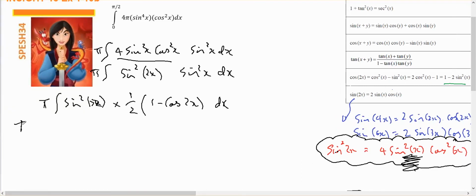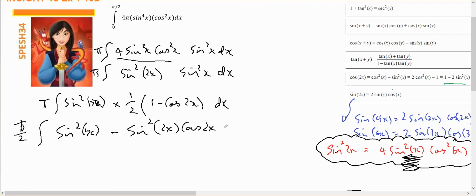So I've got pi on 2 integral of sine squared 2x times 1 is sine squared of 2x minus sine squared 2x cos 2x dx.